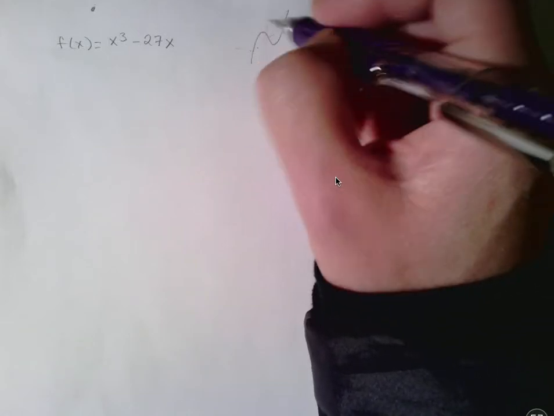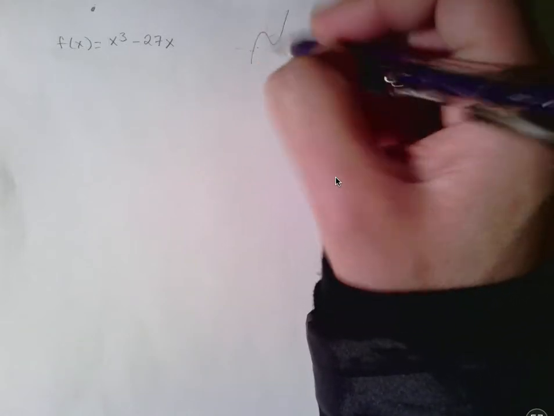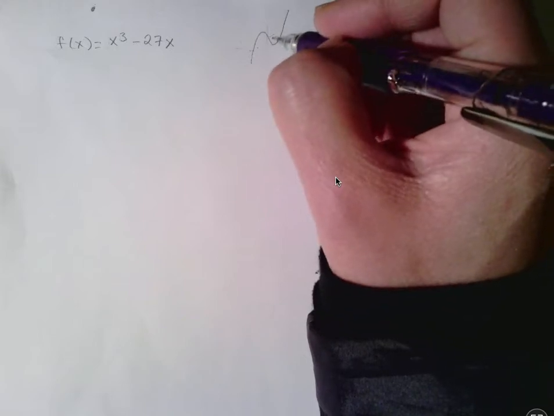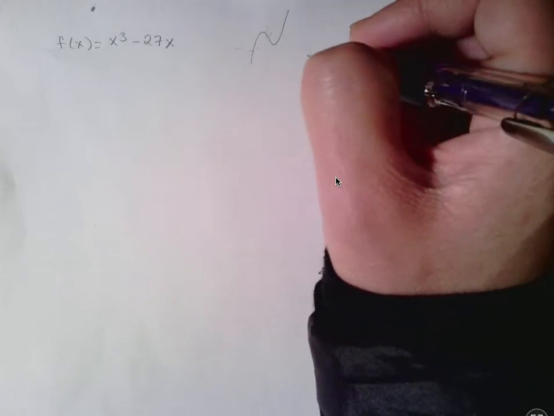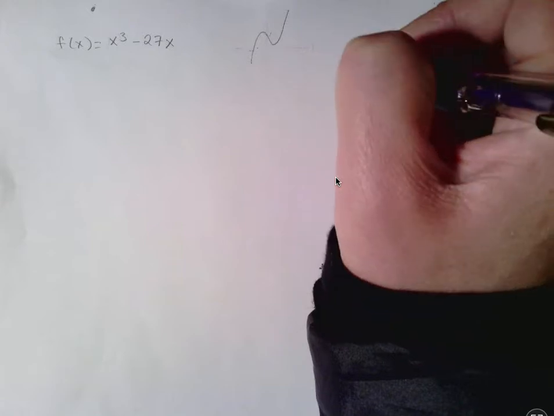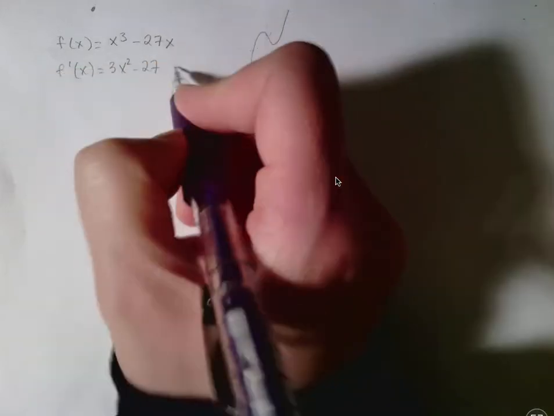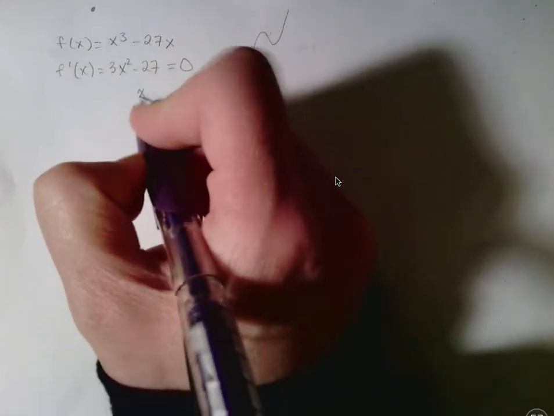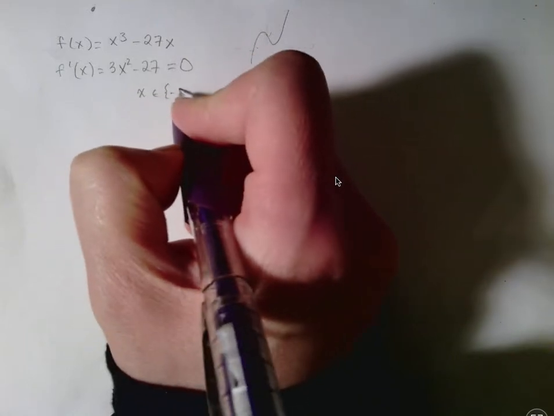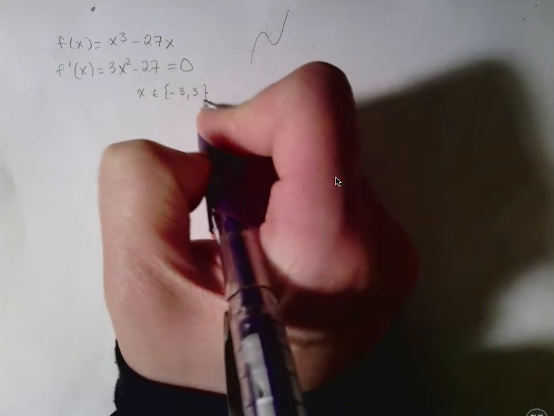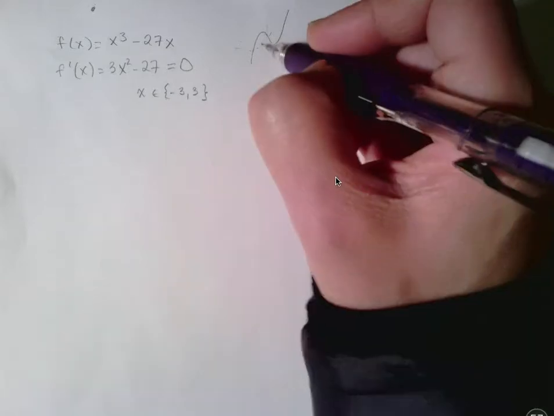But you don't know exactly where this curve lies on the xy axis. So let's start finding the critical points. f prime of x equals 3x squared minus 27. If we set that equal to 0, we'll see that x is equal to either negative 3 or 3.